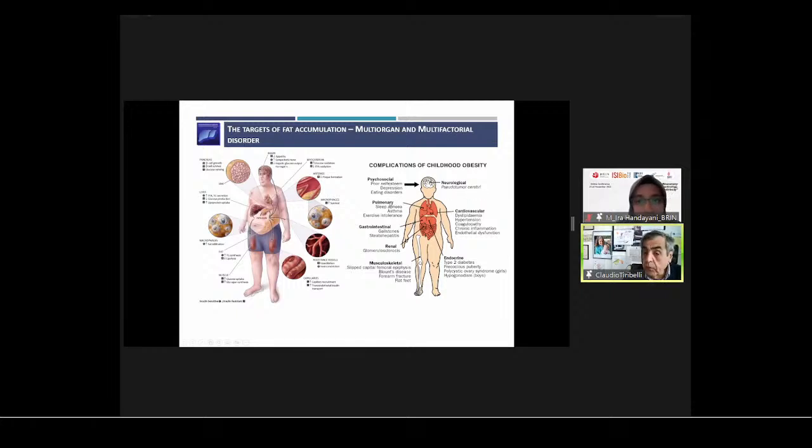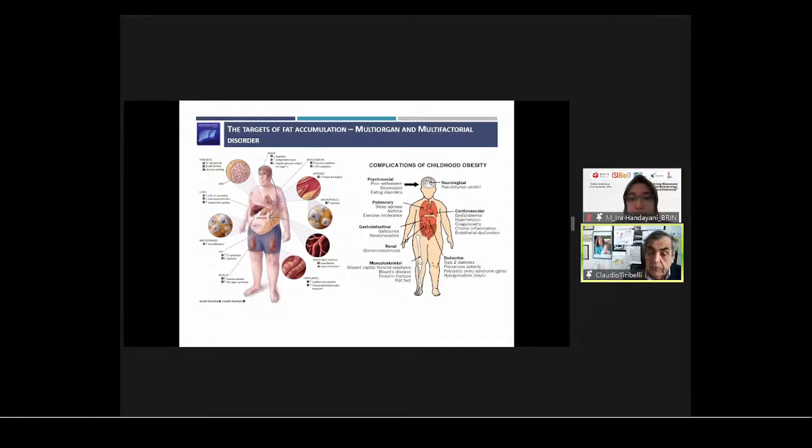We have pulmonary problems: sleep apnea, asthma, and intolerance of exercise. Of course, cardiovascular, due to dyslipidemia, hypertension, coagulopathy; gastrointestinal, as I told you about steatohepatitis and gallstones; renal, endocrine, and muscle.